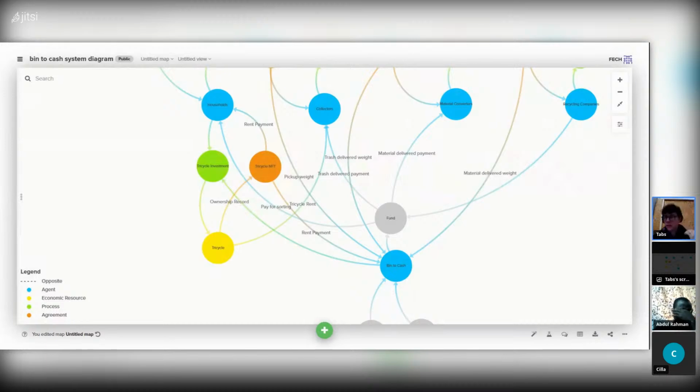Sila, what do you think? I'm trying to zoom in. I can't really see. Where do you want me to move? I think where exactly is the process concerning the tricycle.